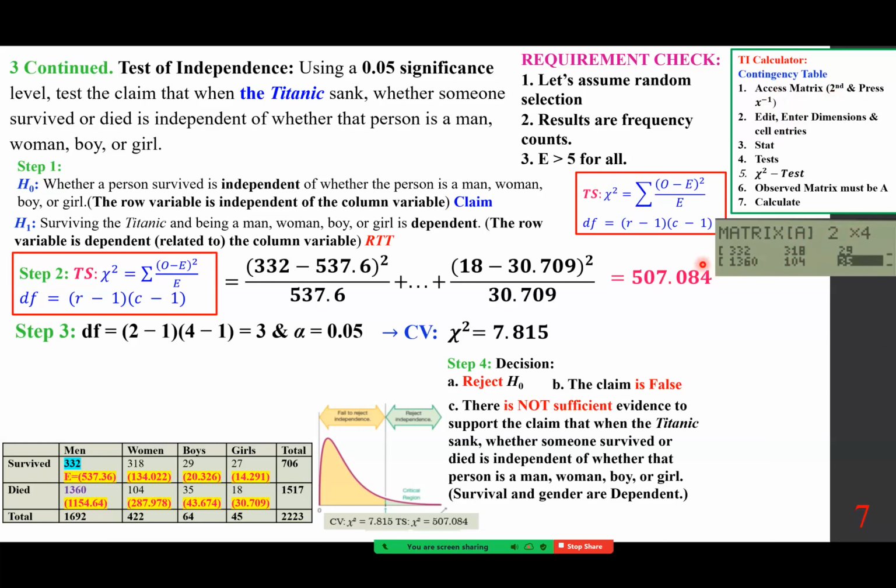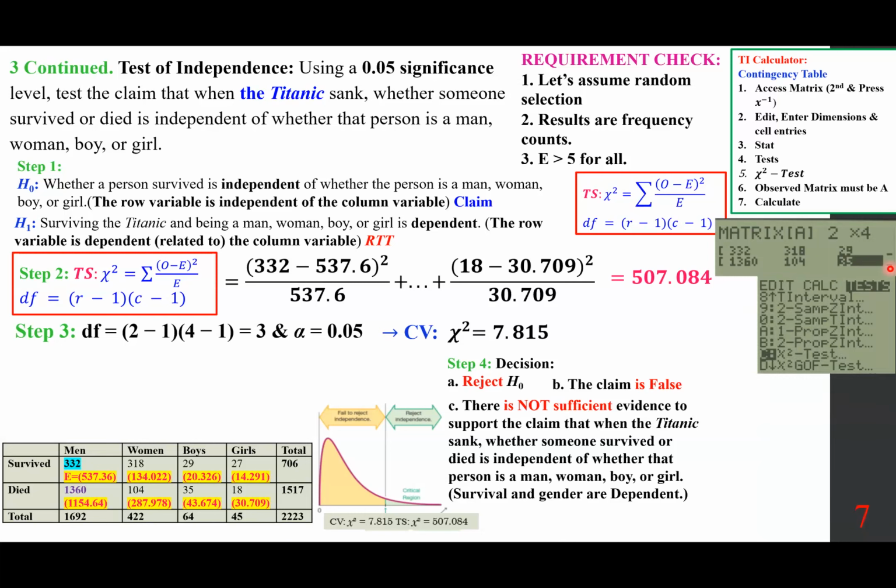I don't have enough room, but it shows, for example, this is 332, this is 1360, this is 318, this is 104, this is 29, this is 35, and there's not enough room to show the rest of it. But if you push the arrow, you can see that when you're doing the work. So first, we enter the matrix in A.